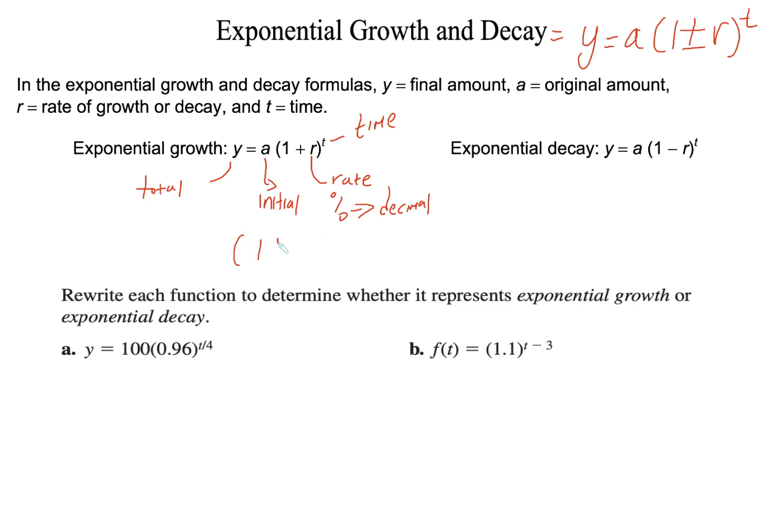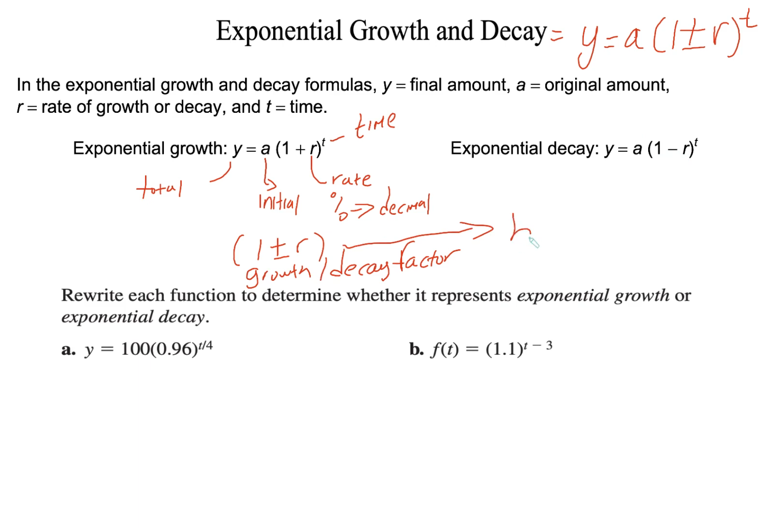And the 1 plus or minus R, depending whether it's a growth or a decay, is what we call a growth factor or a decay factor. Now notice that when it's a growth, you have 1 plus your rate, and when it's a decay, it is 1 minus the rate. Now the 1 plus or minus R is considered your base.